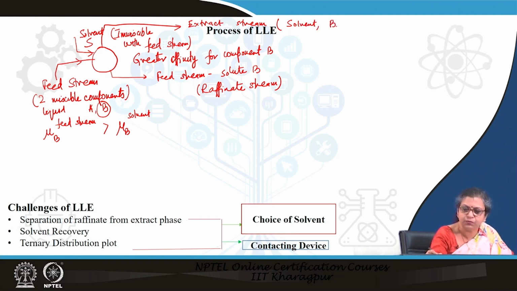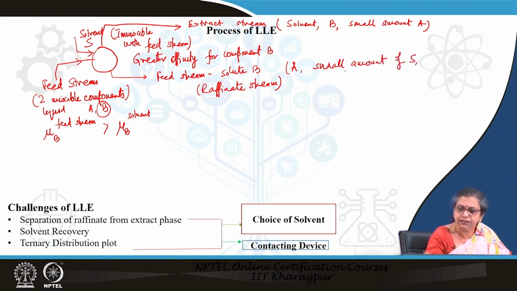It contains the solute B and also a small amount of feed liquid A. And the raffinate stream contains A primarily, maybe a small amount of solvent depending upon the solubility, and it also definitely contains a small amount of solute B. Remember, we have definitely removed B from A, which we wanted, but if you see both the liquids, you will find that B is mixed with both A and S. There will be more S, a little A, but there will be B mixed with A.